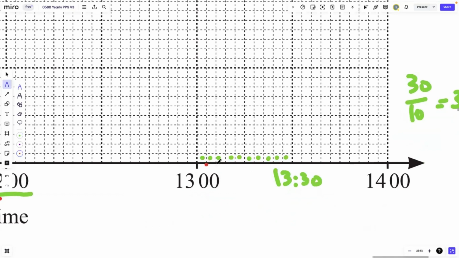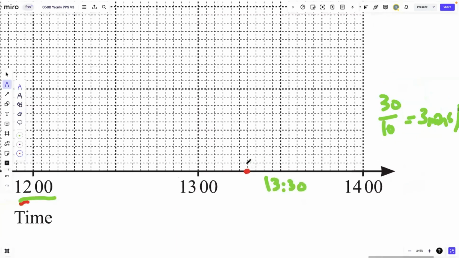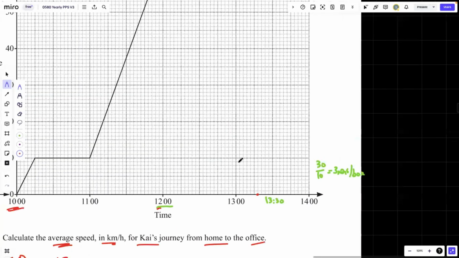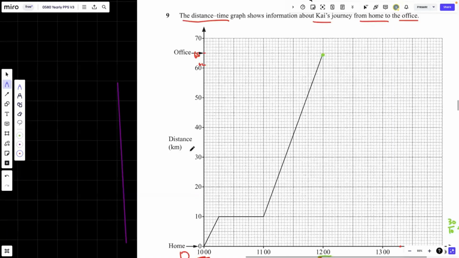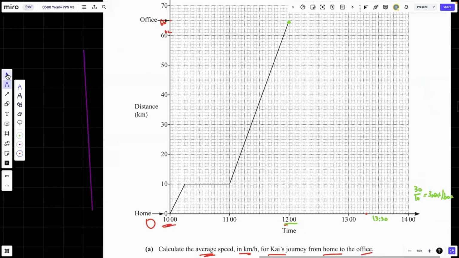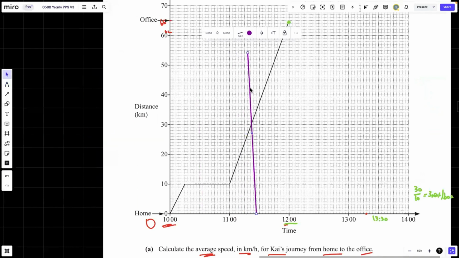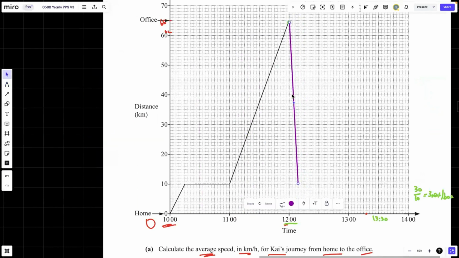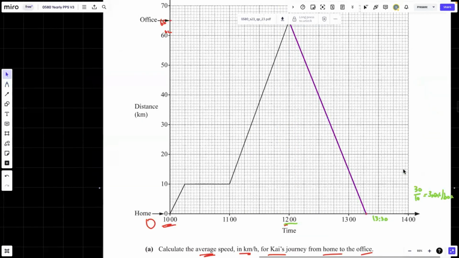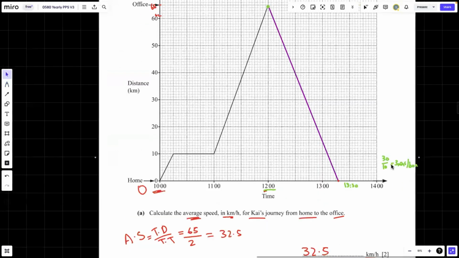This is 13:03, 13:06, 13:09, 13:12, 15, 16. 16 is going to be this value. So this is the point at which we will arrive as well. So we're going backwards and the graph would look something like this. That's the complete distance-time graph of going backwards.